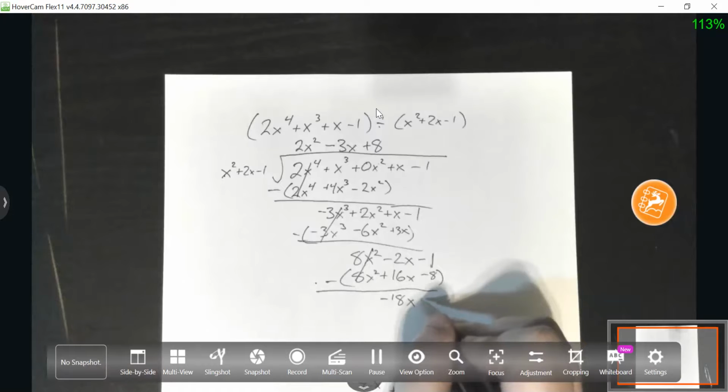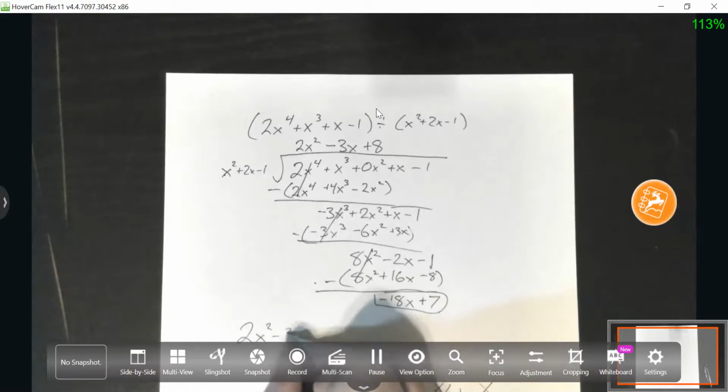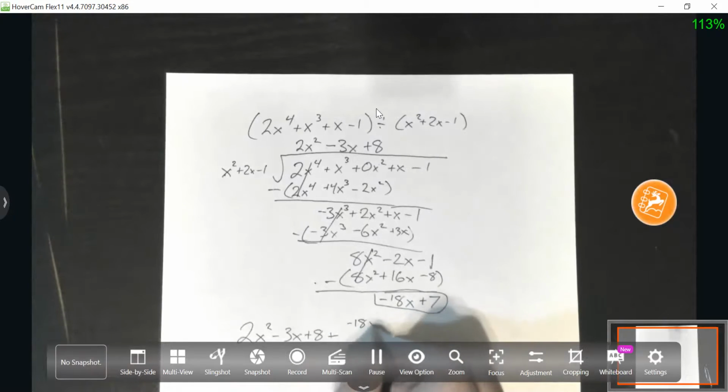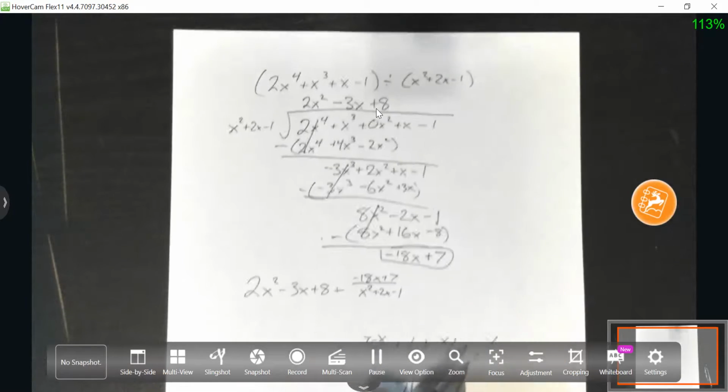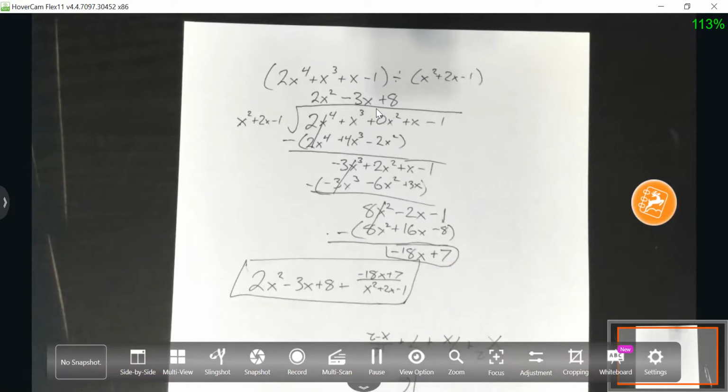Negative 1 plus 8 is plus 7. There's my remainder. So my answer is 2x squared minus 3x plus 8 plus negative 18x plus 7 over x squared plus 2x minus 1. Polynomial long division.